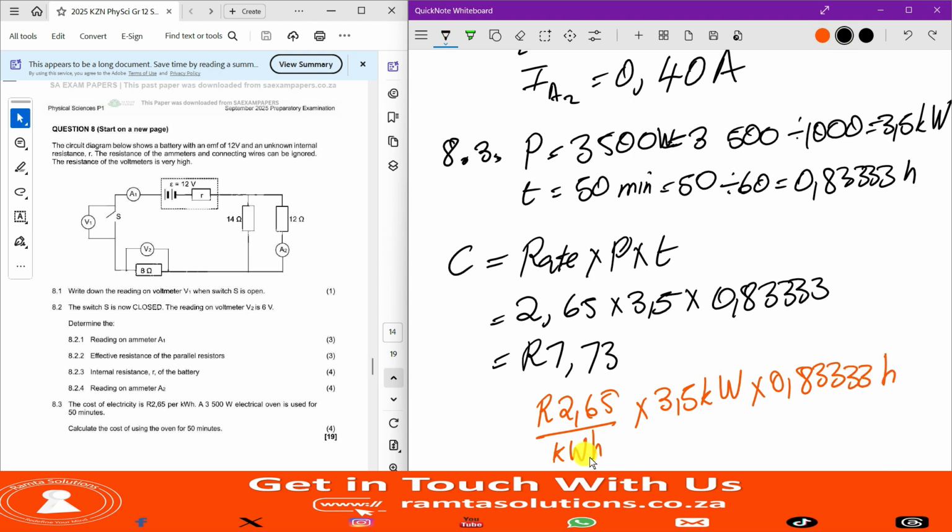As you can see, hour cancels with hour, kilowatt cancels with kilowatt. Do you guys see that now? This is how you attempt your questions on electric circuits.